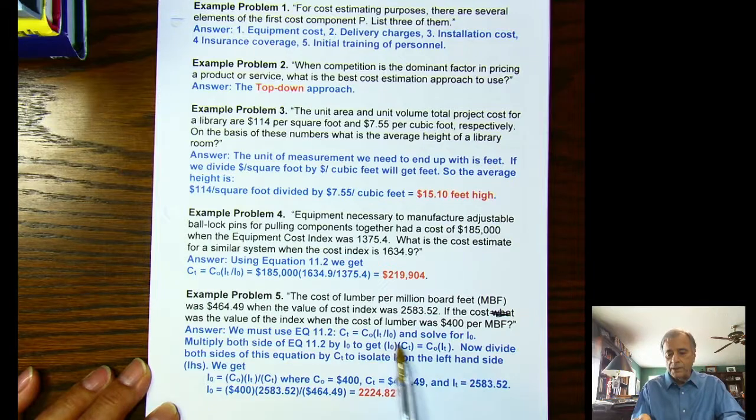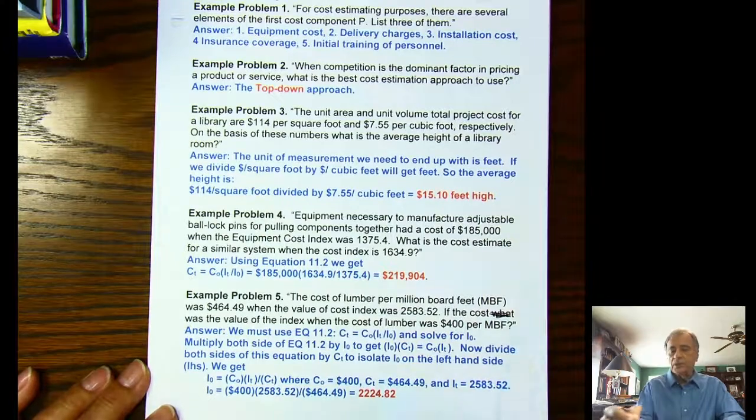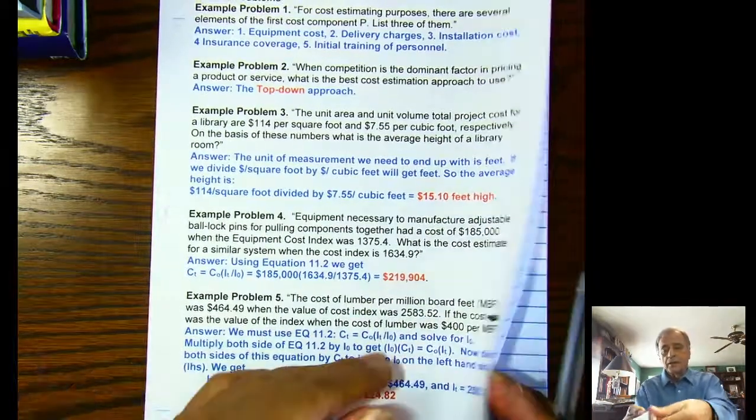Then we divide through by C sub t to get I sub 0 isolated. And then you end up with the index must have been 2,224.82.